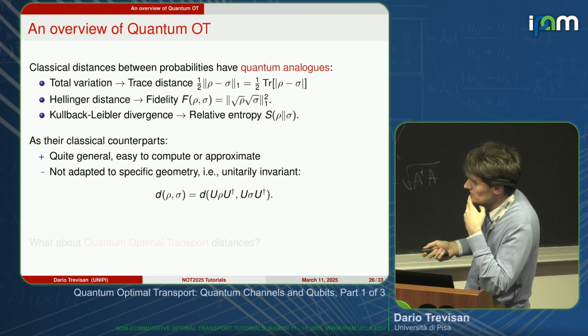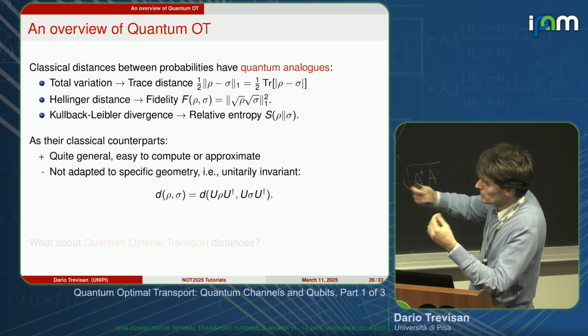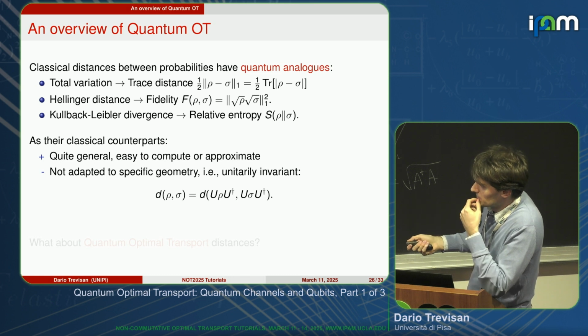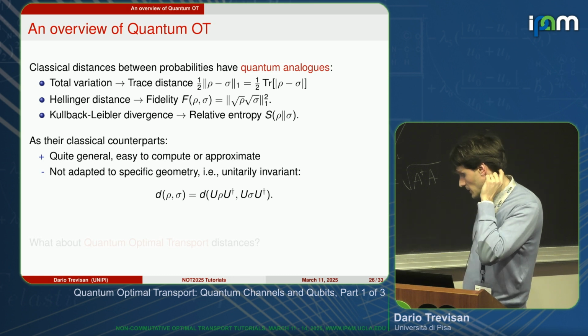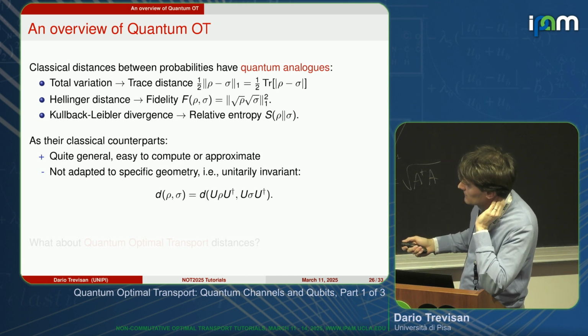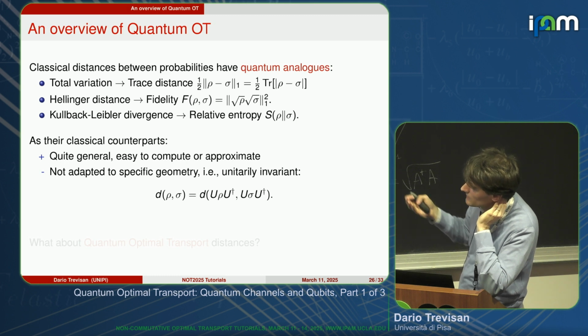How is this reflected in terms of invariances? These distances or quantities are all unitarily invariant, which means that if you let the system evolve with a unitary U, the distance will not change, okay? More generally, if you apply any channel, for example a measurement, the trace distance will decrease.